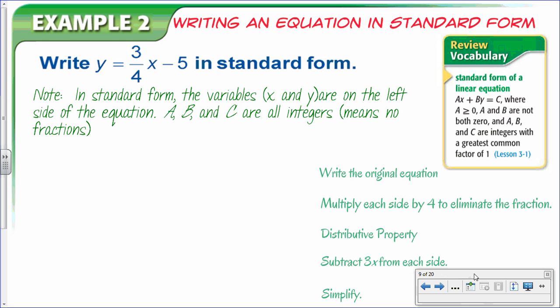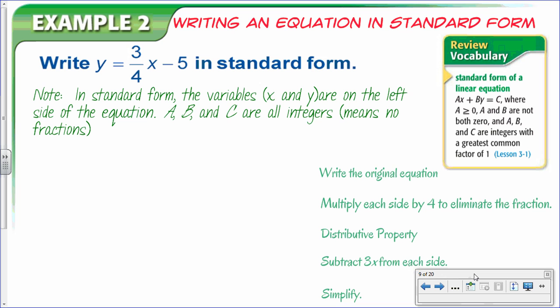How's that sound? All right, so here's some things that you have to remember. See this little box? Do you have that on your paper? Okay, let's read over that. Standard form linear equation, Ax plus By equals what? C. Where A is greater than or equal to what? Oh, 0, sorry. So my A, the number that's in front of the x, can it be a negative number?